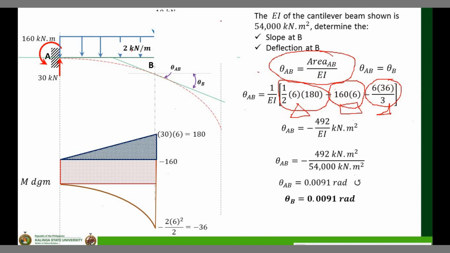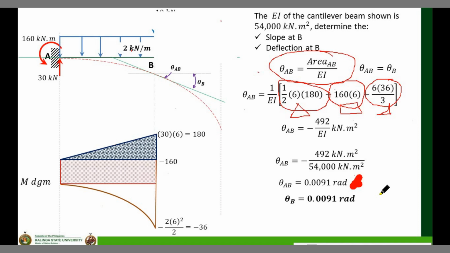So, the final answer, the slope at B is equal to 0.0091 radians. Do not try to convert your final answer into degrees because we are not dealing with angles but rather with rotation. Rotation is what we are talking about here.